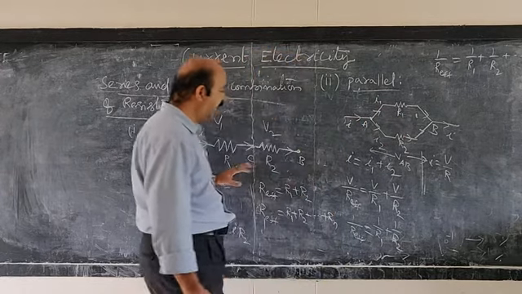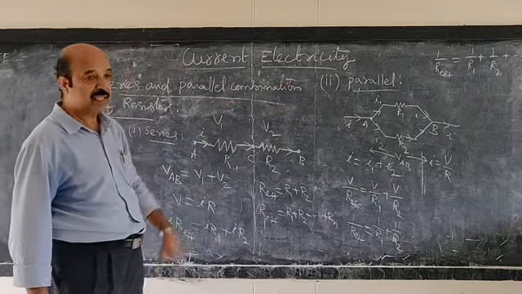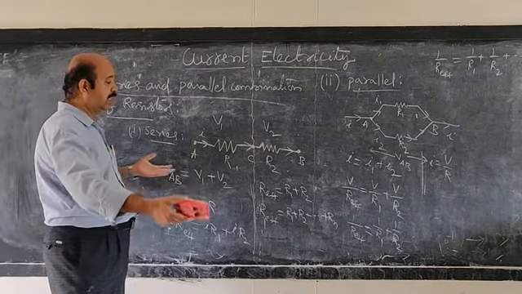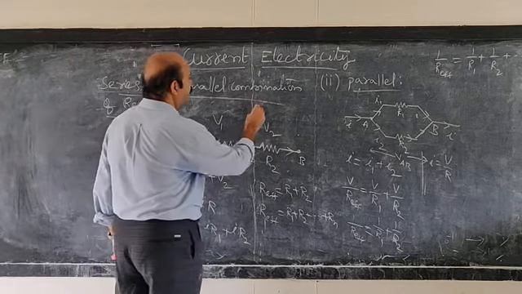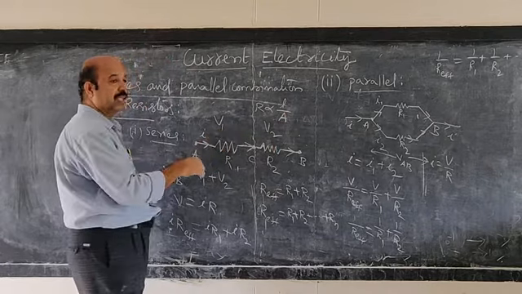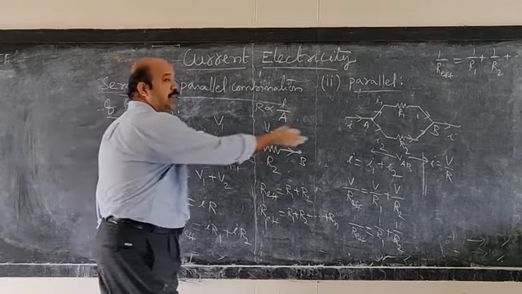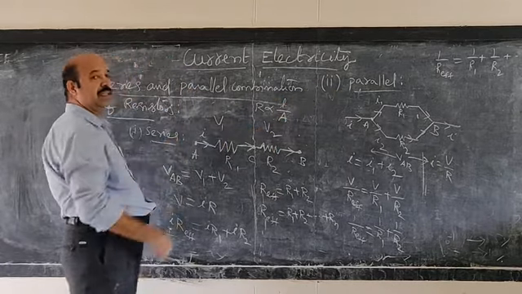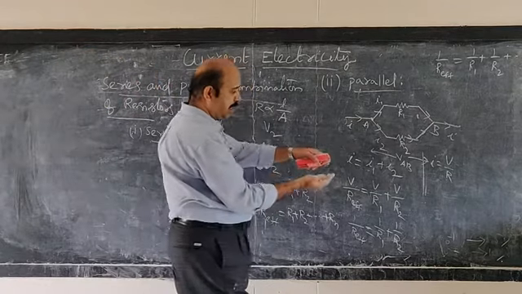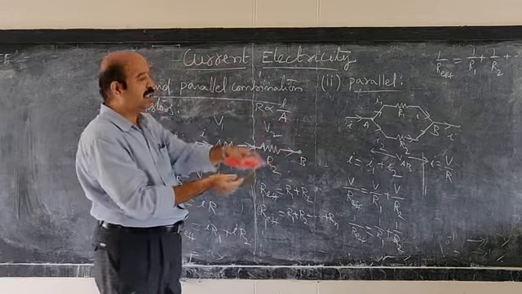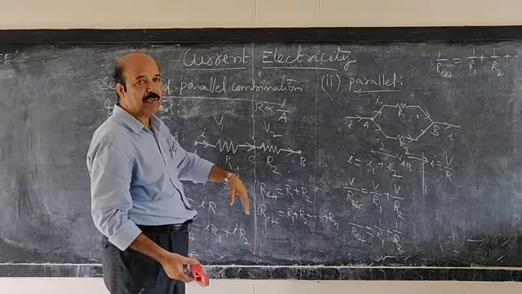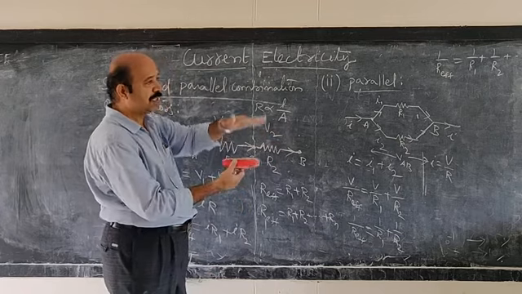We can explain why the resistance is more here. It is as if the length of the conductor is increasing. You know, R is proportional to L by A. For the same area of cross section, as the length of the conductors increases, R increases. In the parallel case, as if the resistors are kept one over the other, the area of cross section is increasing, supposing they have the same L value.